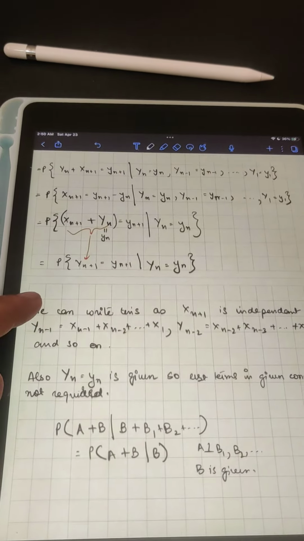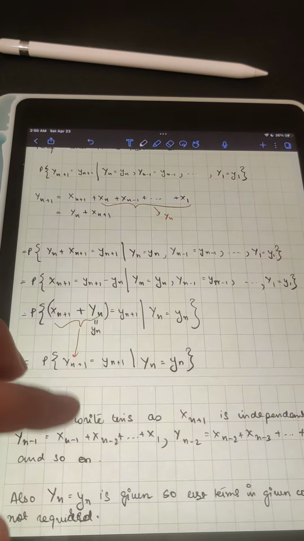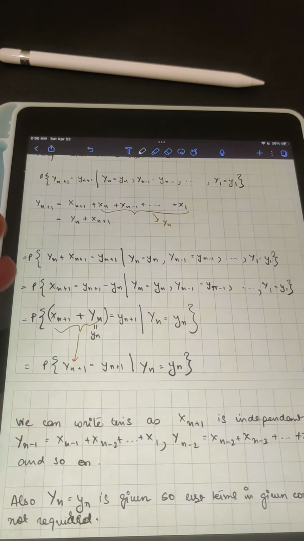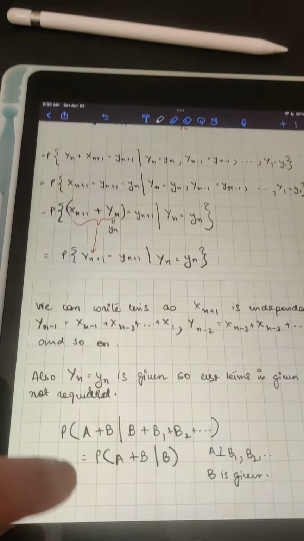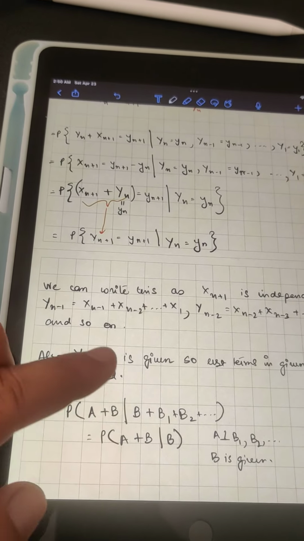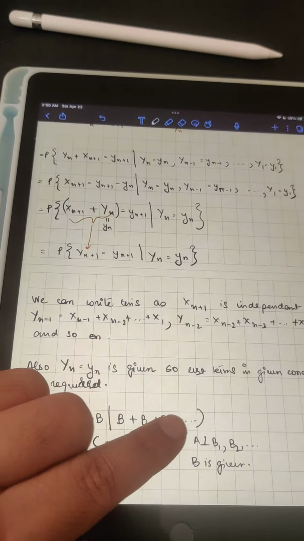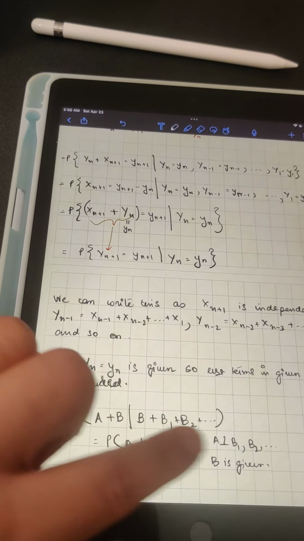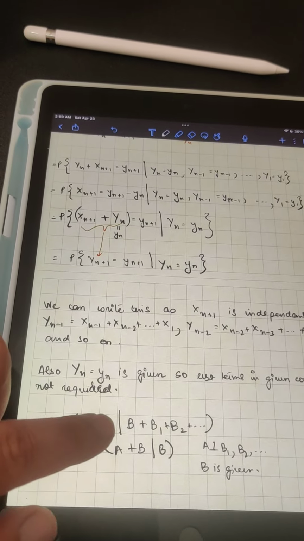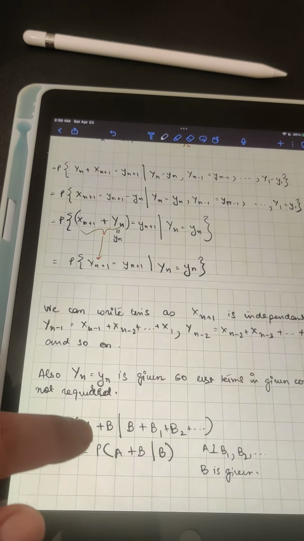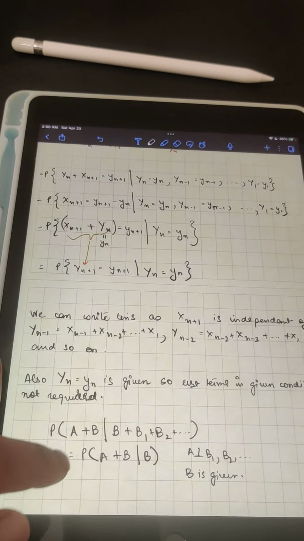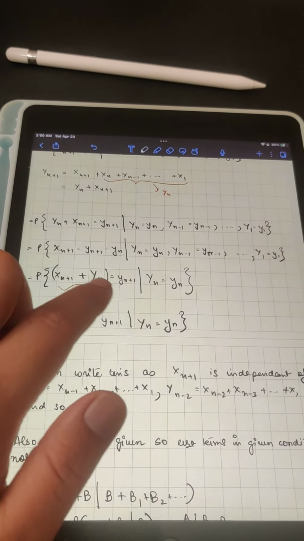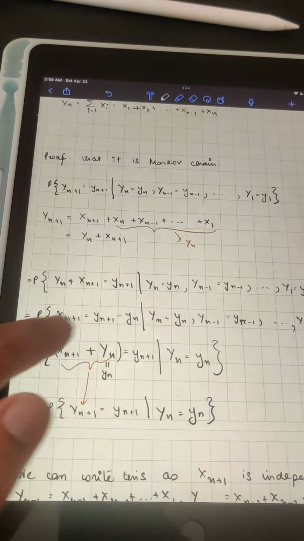So in probability we can say that the probability of A plus B given B, B1, B2, where A is independent of B1, B2 and B is also independent of B1, B2. Since B is given, we can write this as probability of A plus B given B. So that is what has happened here, basically.